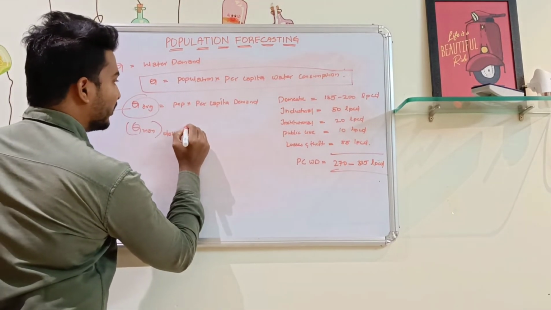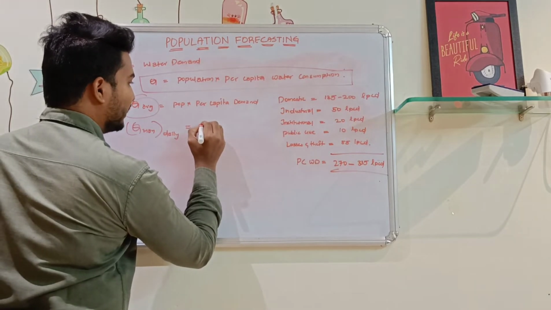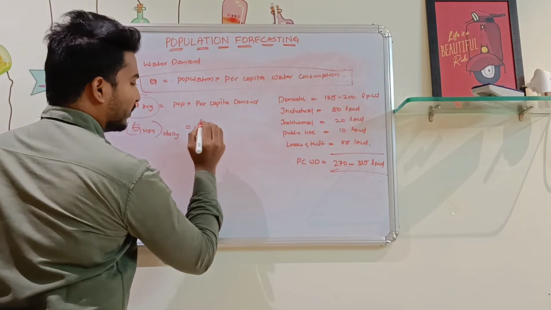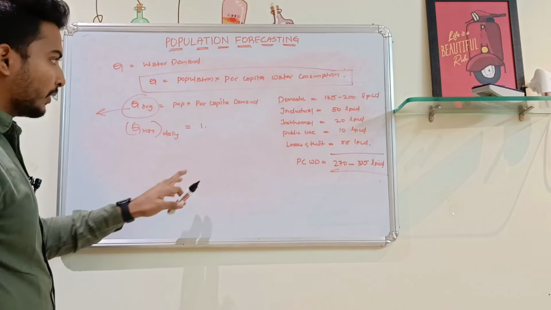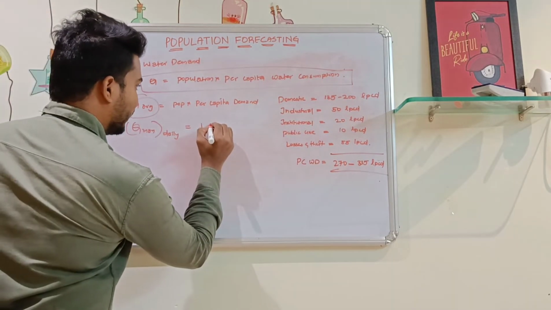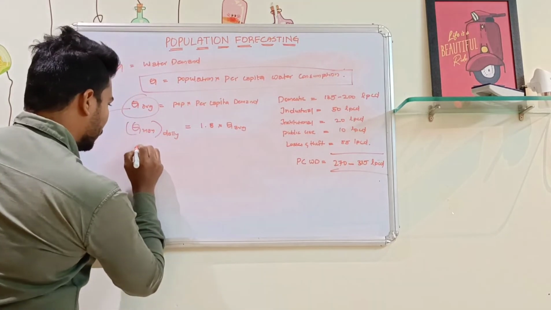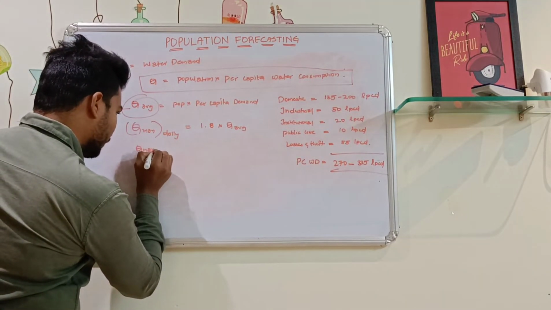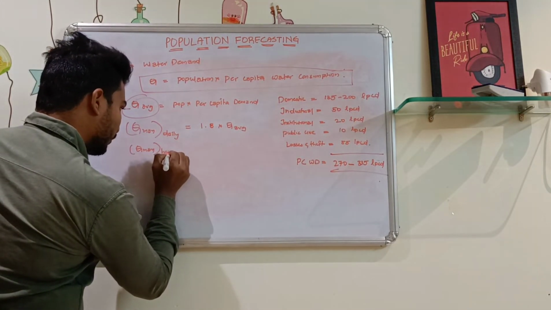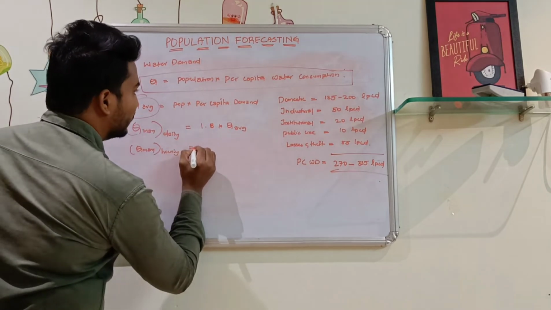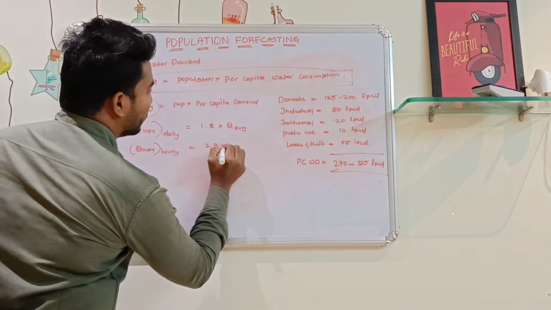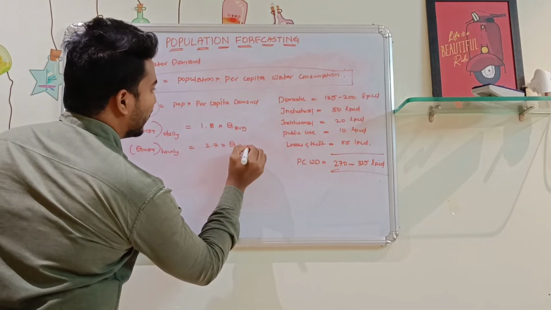These are given by different factors. Q max daily is 1.8 into Q average. So Q max hourly is equal to 2.7 into Q average.